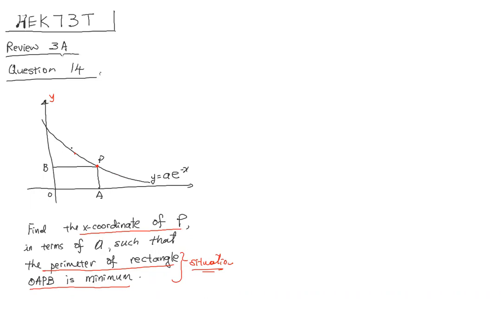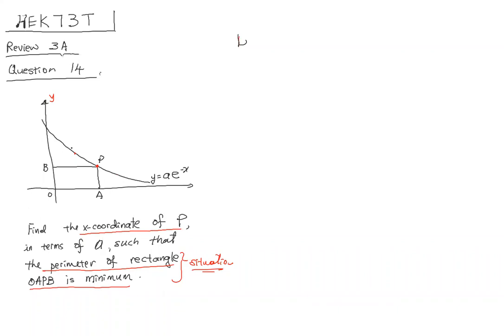Adele? Your variable of interest is in the situation. The perimeter of the rectangle. Yes, so you are interested in finding the perimeter of the rectangle. So the situation will give you the variable of interest. That is how we do problem solving.